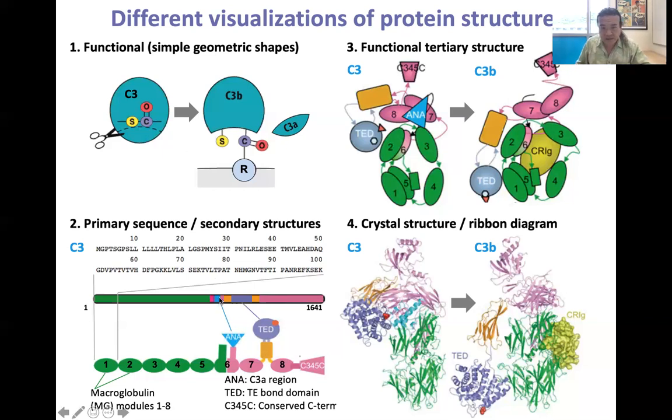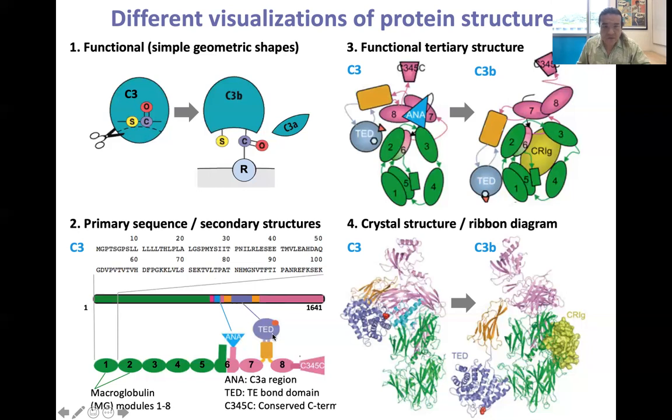For example, this light blue region here, labeled ANA, is the C3a region of the protein. In other words, if we were to look back at the simplified cartoon up here, this would be the small polypeptide stretch that gets cut off and floats away as C3a. So you can see in the complete protein, it's right in the middle over here.